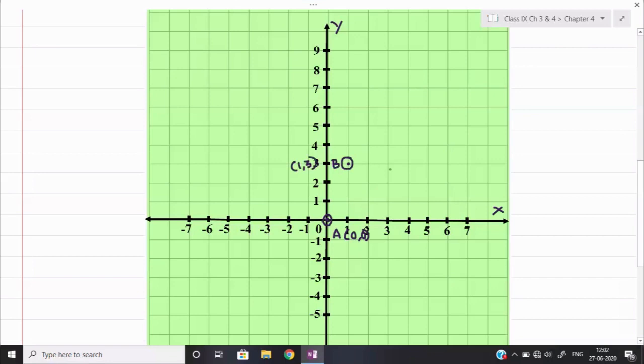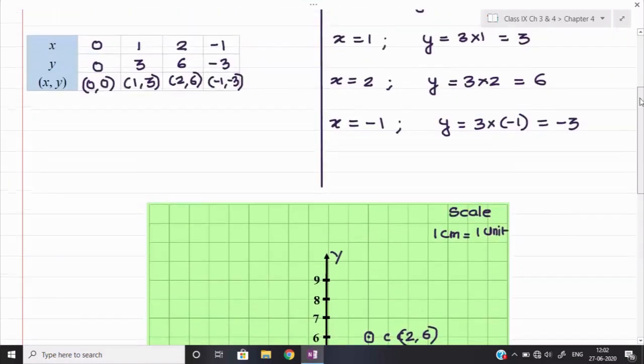Then the third one is 2 comma 6, meaning on the x-axis I will search for 2 and then I will go up. This will be 2 comma 6. This point I will mark as point C, that is 2 comma 6. Okay, now the last one, I think the last point was x equal to -1 and y equal to -3.